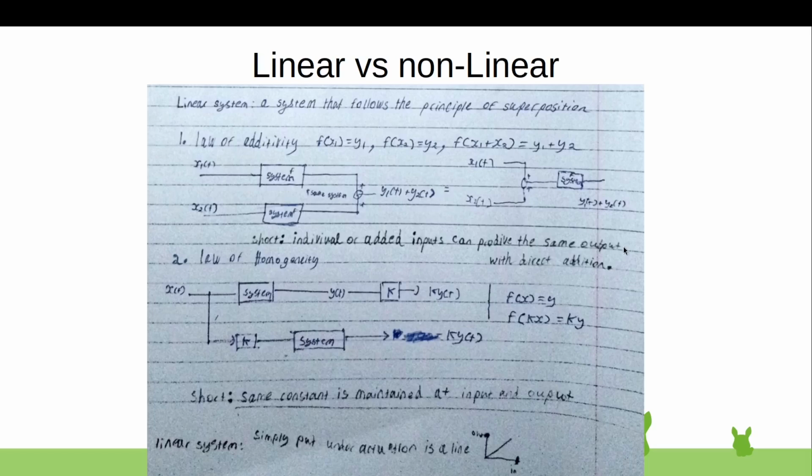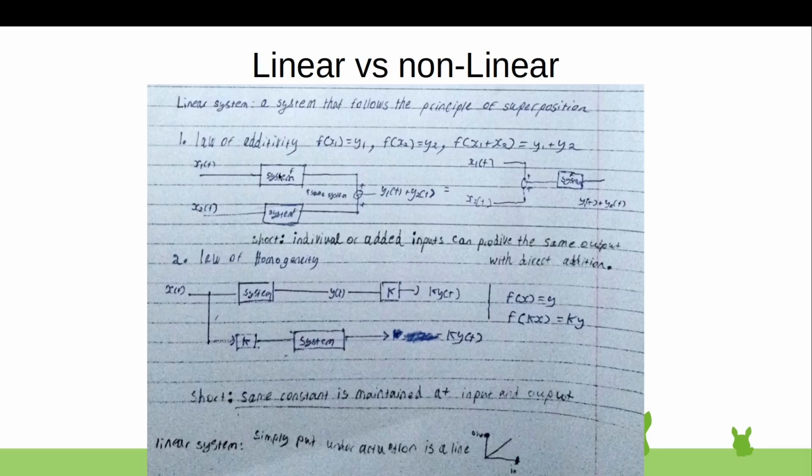And models can be linear and nonlinear. And I'll just quickly let you know what is linear and then extrapolate afterwards. But basically, it follows the principle of superposition. So first law is additivity.